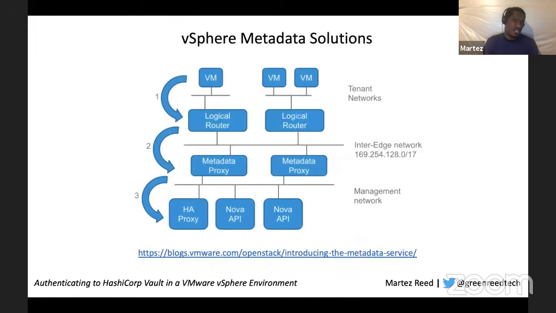There have been a number of solutions that have been developed to facilitate this capability within VMware vSphere. One of the ones that comes to mind is the OpenStack integration to facilitate this metadata service being provided to the virtual machines. This is a reference slide or a reference diagram in regards to how that process works.